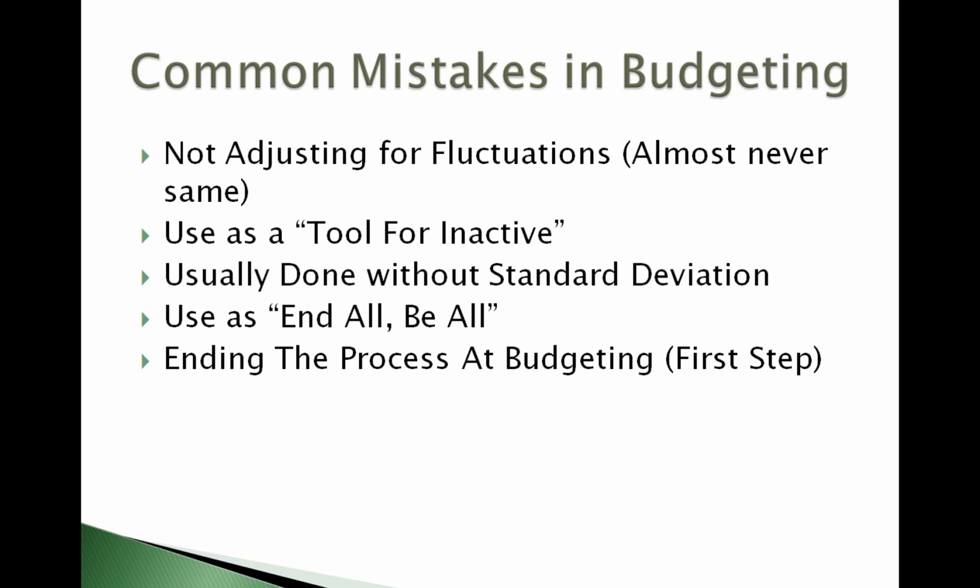The second one is a tool for inaction. So tool for inaction is something that I'm coining for any time someone sees their budget and then they suddenly just get sad and then decide to end the process here. And understand the reason why you're creating a budget is you're trying to figure out where the problem is with your finances. So if you see that your budget is below your expenses, it's not something that you should be getting upset about and then turning around and doing nothing.